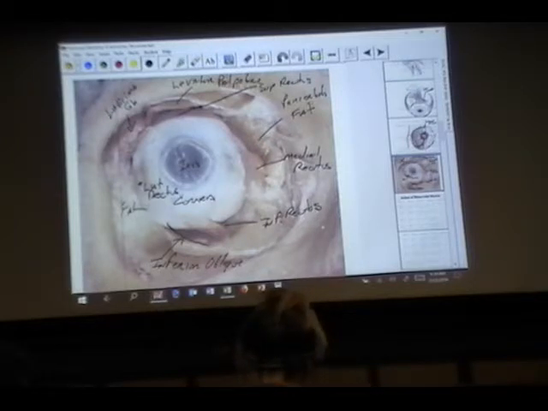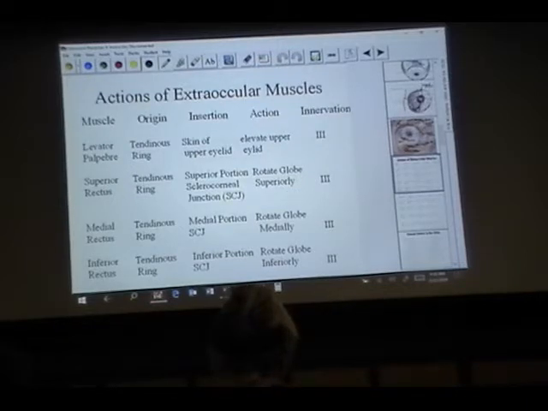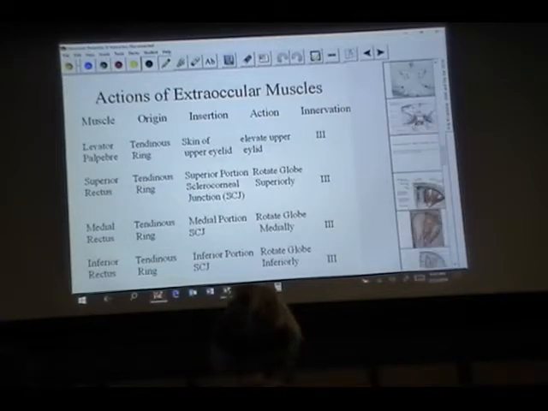All right, if we look at this list here, I've listed these muscles for you, what they do, and what their innervation is. There's basically a formula usually used to describe these. So the superior oblique, what's it innervated by?